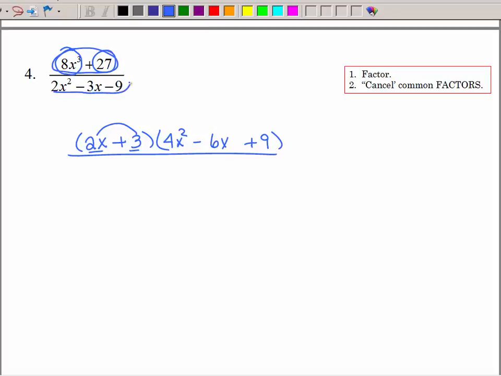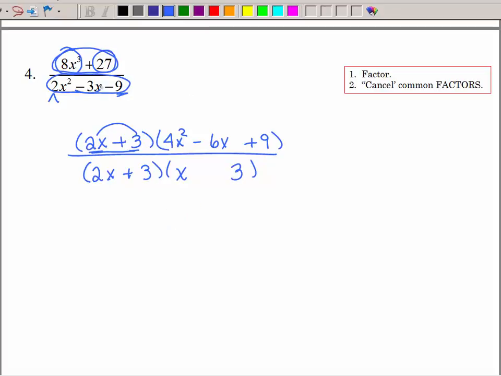Right, so now how do we factor this one? Well, my leading coefficient is not 1. But now here is a big hint. The idea is that something hopefully will cancel. And so as you're trying some stuff, you might say, well, I have a 2x plus 3 on top, so maybe there's going to be a 2x plus 3 on the bottom, because I know 2 is 2 times 1. And what multiplies to get 9? Well, 3 times 3, or 1 times 9. But since I have that 3 there, I'm going to put a 3 there.